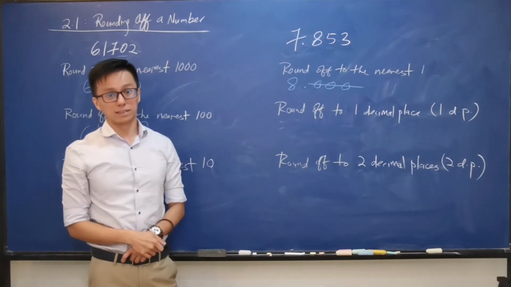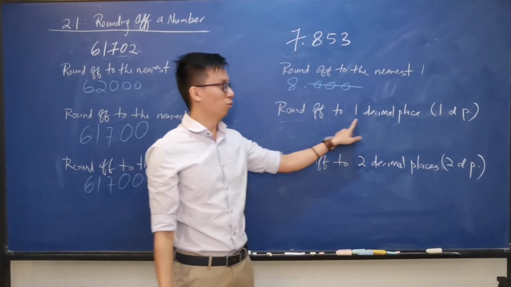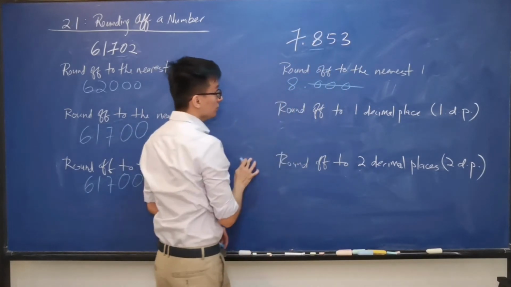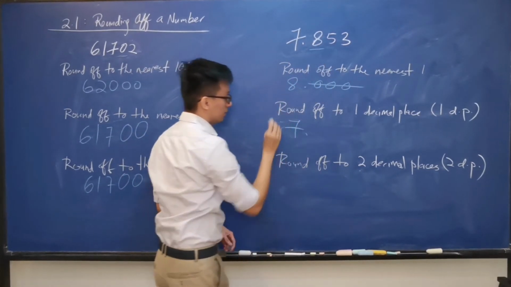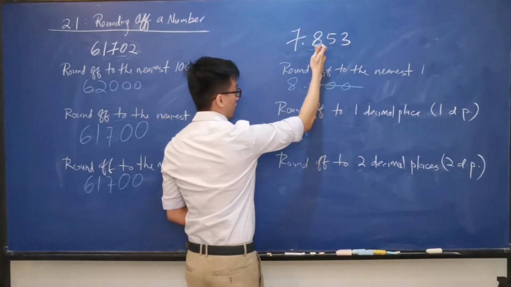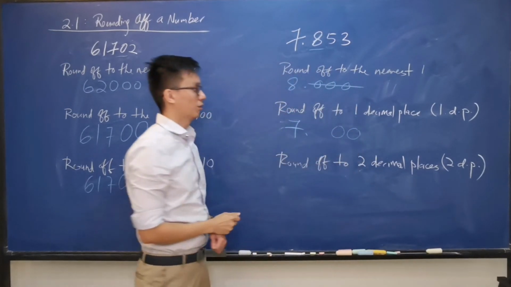Look at the next question. Round off this number to one decimal place. The digit at the left of 8 will remain the same. The digits at the right of 8 will turn to 0.